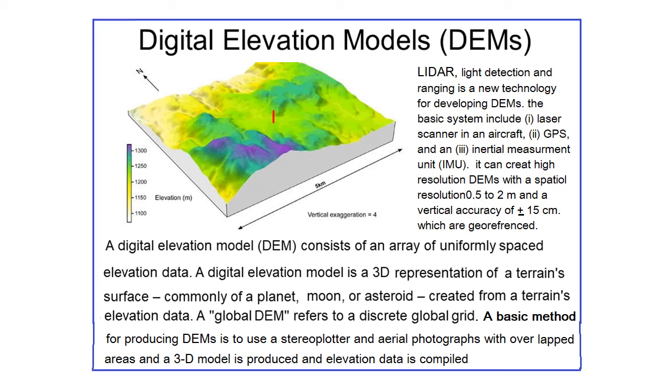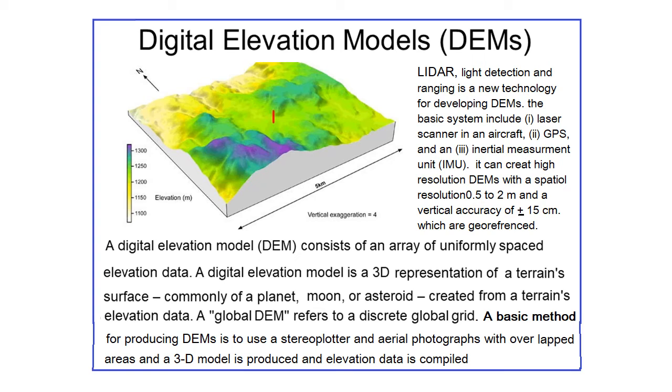A digital elevation model consists of an array of uniformly spaced elevation data. A digital elevation model is a 3D representation of a terrain surface, commonly of a planet, moon, or asteroid if you want, and maybe one fine day you will definitely use it.